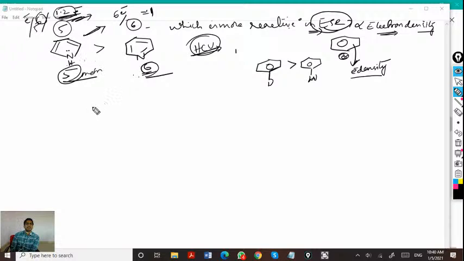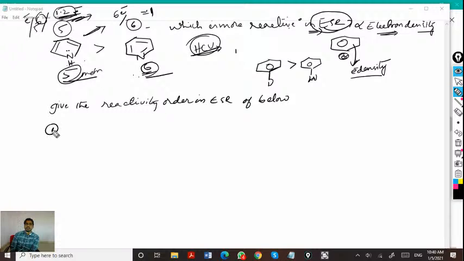Now let's compare. Give the reactivity order in electrophilic substitution reaction of the below.